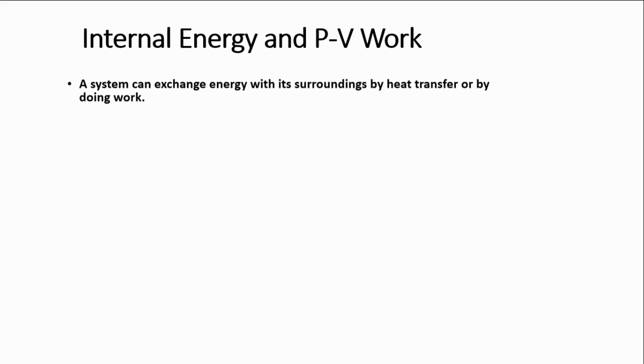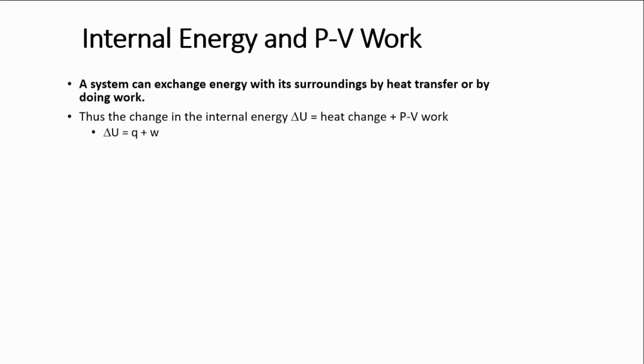Now, continue with our internal energy and PV work. Note, a system can exchange energy with its surroundings by heat transfer or by doing work. And we said that earlier. Thus, the change in the internal energy delta U is equal to heat change plus PV work.